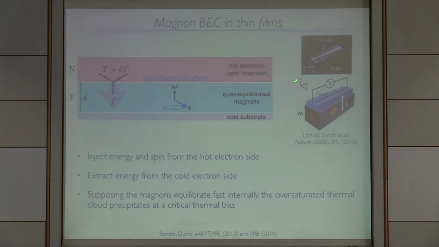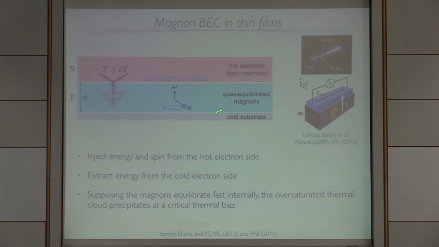So one metal has to be hot, and there has to be a spin injector, namely that metal has to have strong spin-orbit interaction. So it will be acting as a reservoir for both heat and spin that could be driven by heat current into the system. The bottom substrate, that could be metal or an insulator, such as sapphire, should be a good heat conductor, but a bad spin sink.